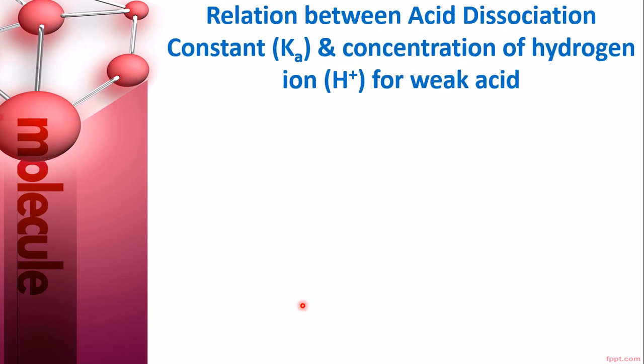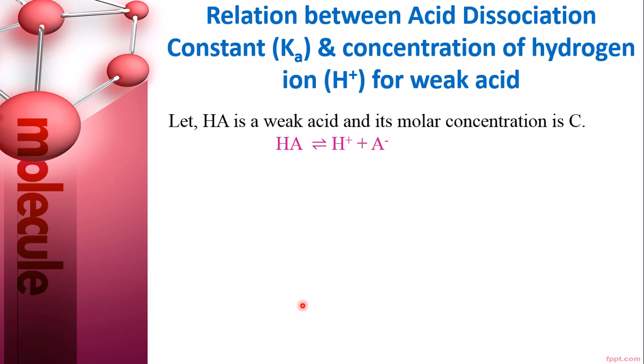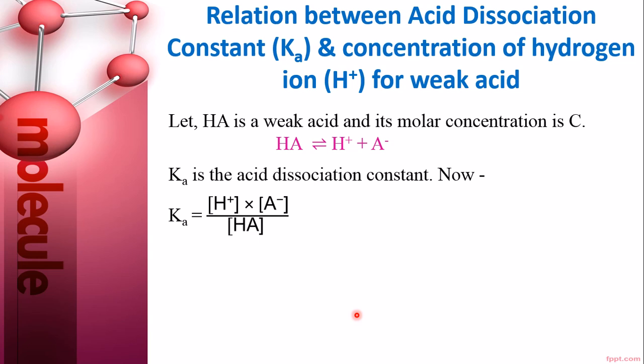Now another relation, that is the relation between the acid dissociation constant and the concentration of hydrogen ion for a weak acid. Let HA be a weak acid with molar concentration C. This is its dissociation reaction. If Ka is the acid dissociation constant, we can write Ka equals the concentration of products divided by the concentration of reactant.